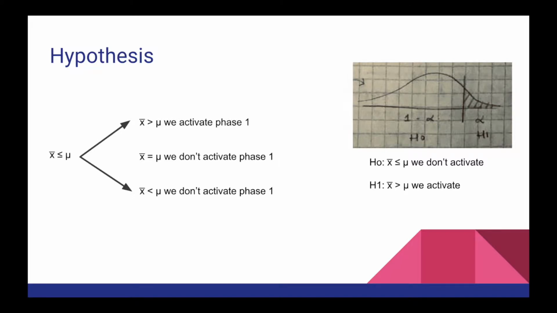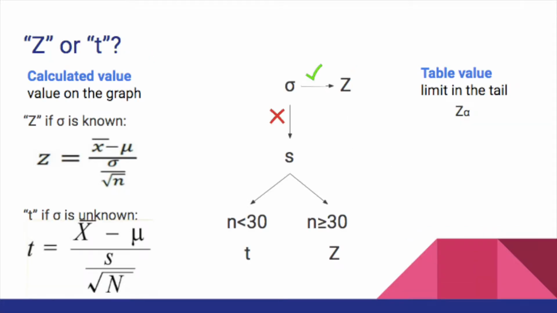Now, we will go to the third and fourth step to know if the null hypothesis is rejected or not rejected. To know if we need to use Z or T, we have to know if we have sigma. If it is given, we use directly Z. But if it's not given, we need to use the standard deviation of the sample.